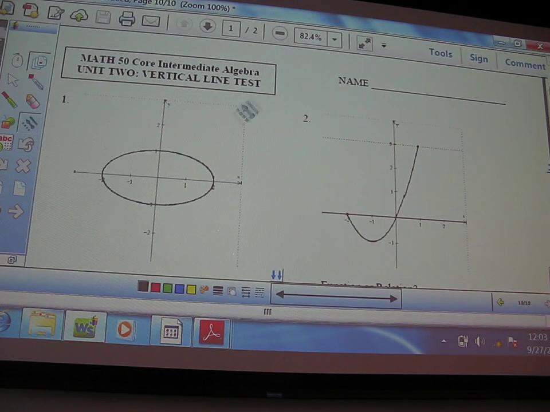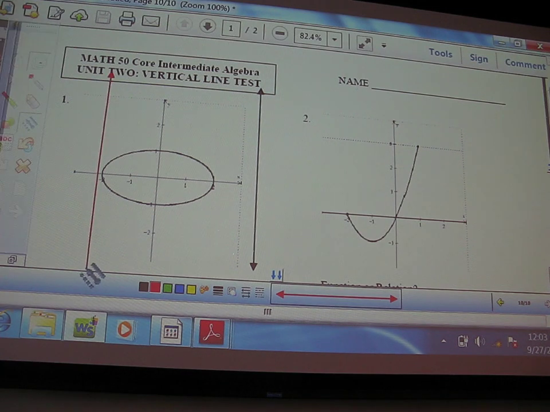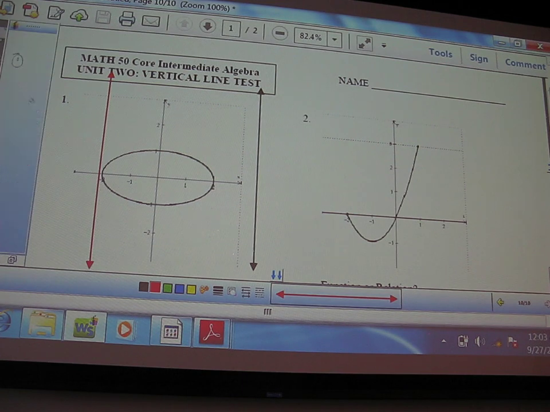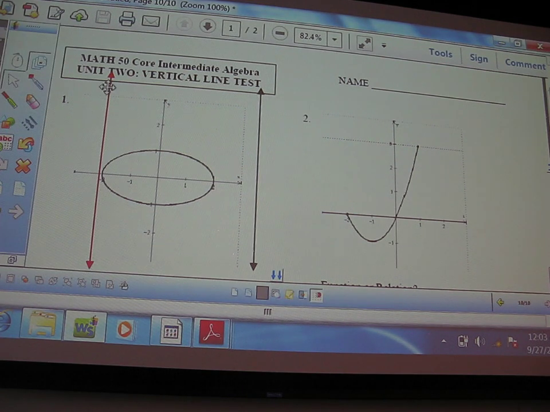So this is a vertical line test. It is a test that if I draw a vertical line, vertical means up and down.